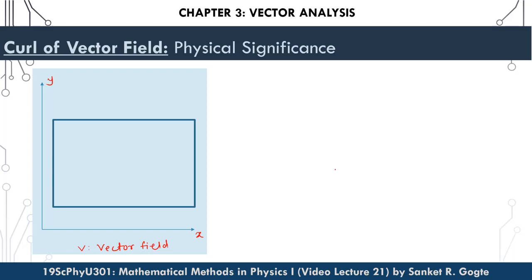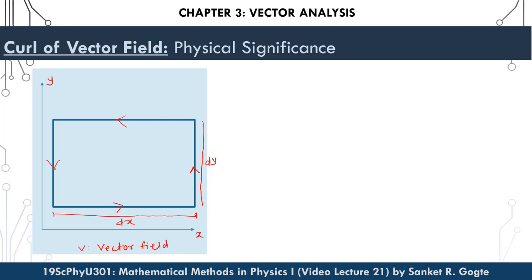Now let's consider this loop, which is infinitesimally small and is a rectangular loop where this length is equal to dx, this length is equal to dy, and we now want to calculate the line integration which is along positive z-axis, and therefore the direction over which this line integration is calculated is counterclockwise.